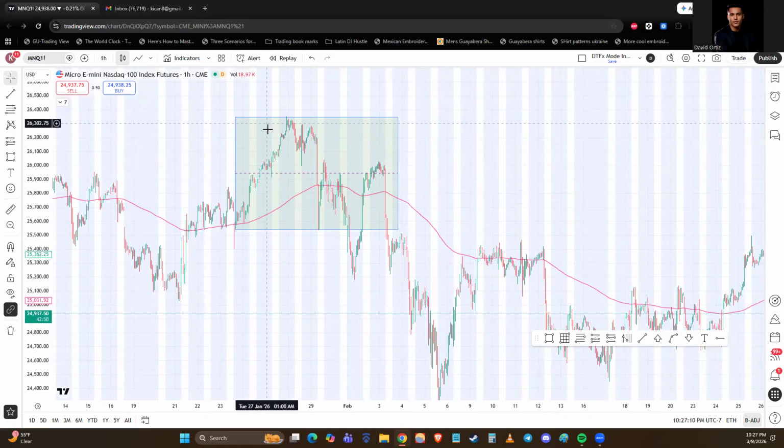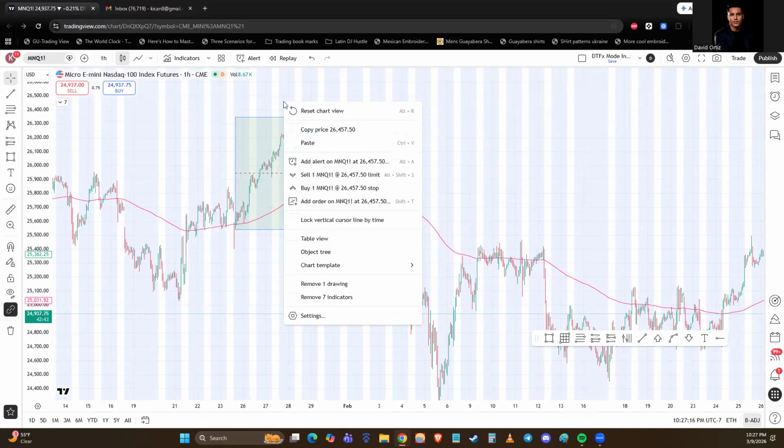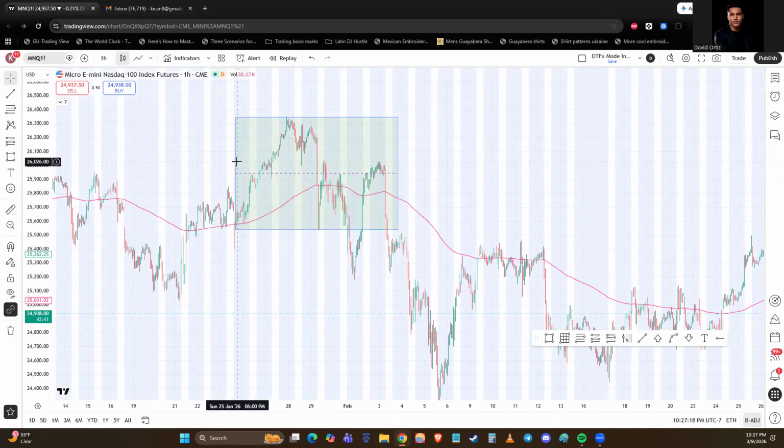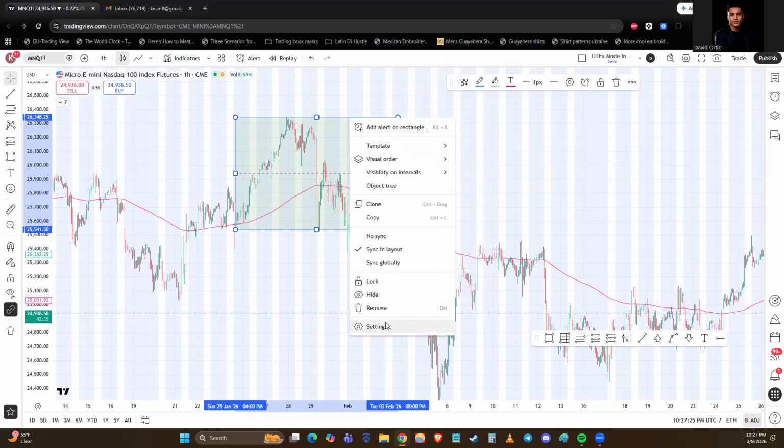And so now that I marked my first swing point, this box is going to be a bear zone, which means it's going to be heading down.